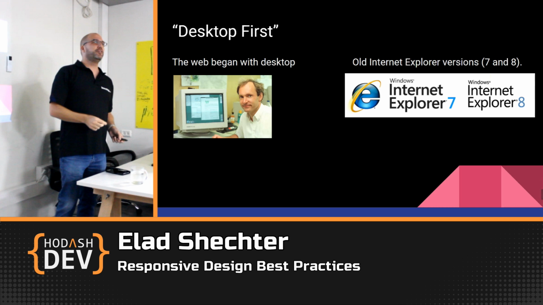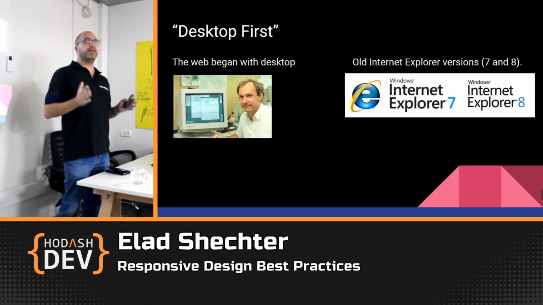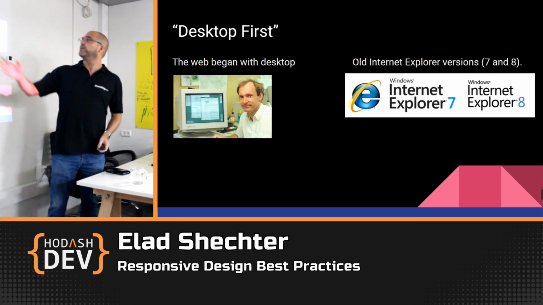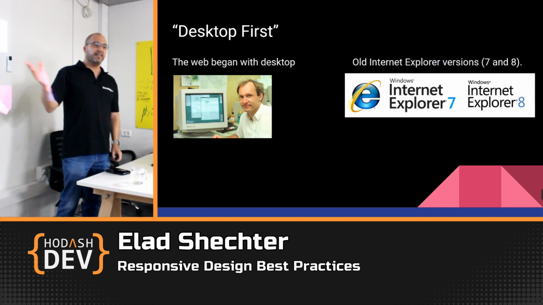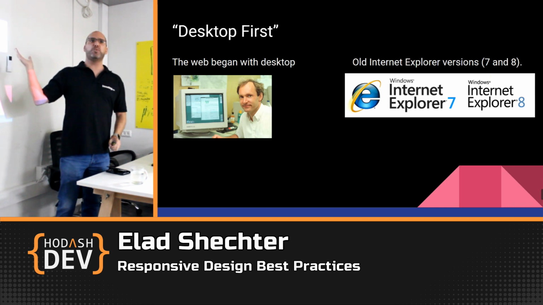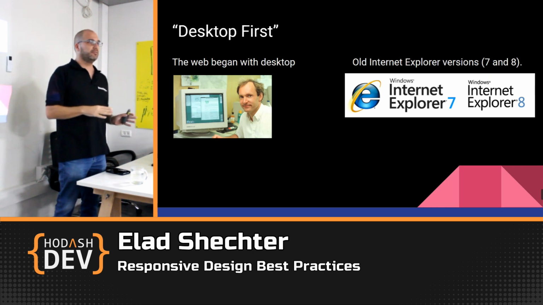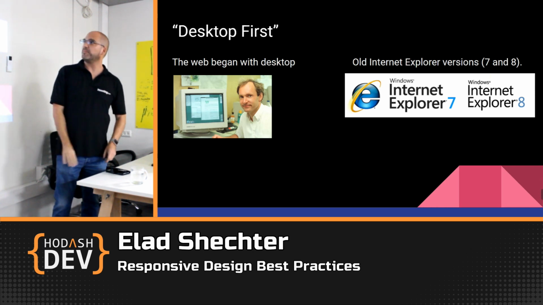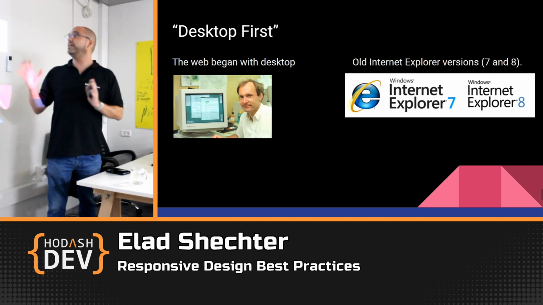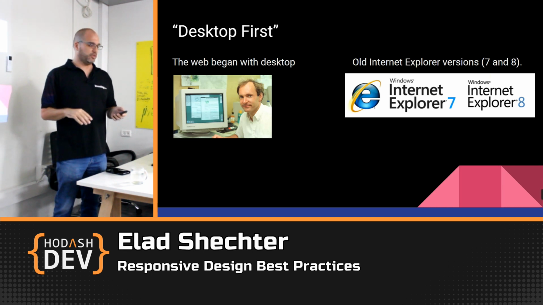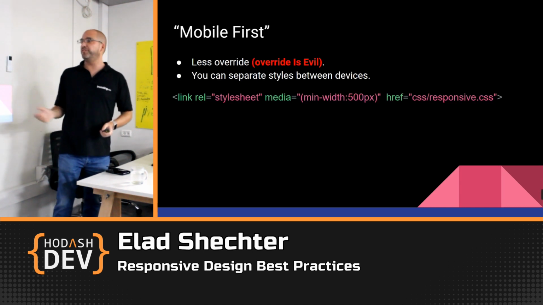And in the beginning of responsive websites, when we first started to create them, we needed to support Internet Explorer 7 and Internet Explorer 8. And Internet Explorer 7 and 8 do not support media queries, the rules of responsive web design. And this is why some developers are using the desktop first methodology. The second methodology is the mobile first.